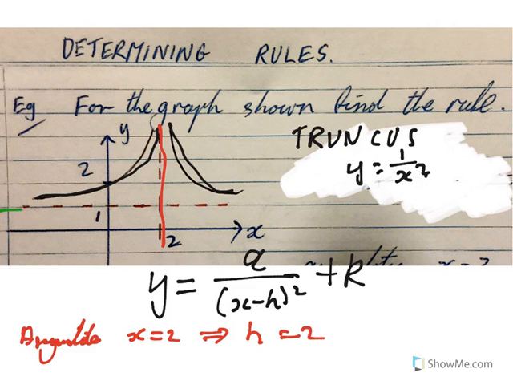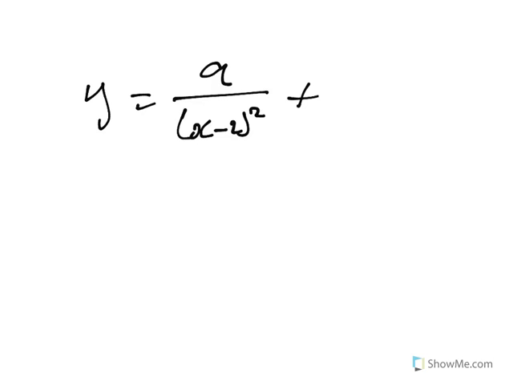Got another asymptote, a horizontal one right here, and that's at y equals 1, which then means that k is equal to 1. So straight away, we're going to go to the next page. We have y equals a over (x minus 2) squared plus 1.